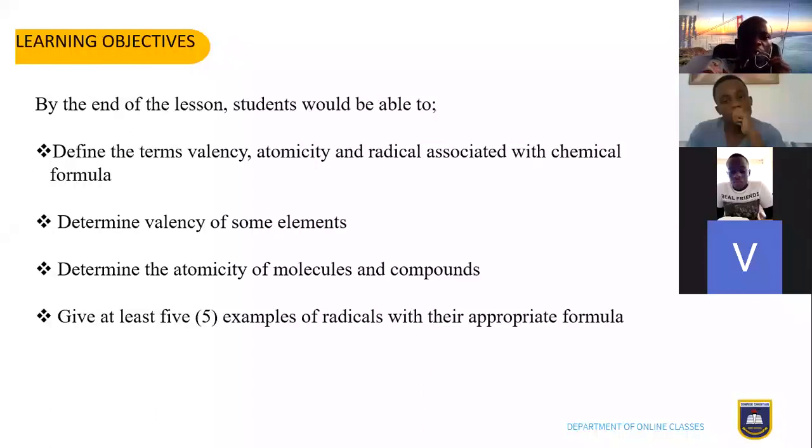Then by the end of the lesson, you should be able to give at least 5 examples of radicals with their appropriate formulae. You should be able to define oxidation number. What is oxidation number?